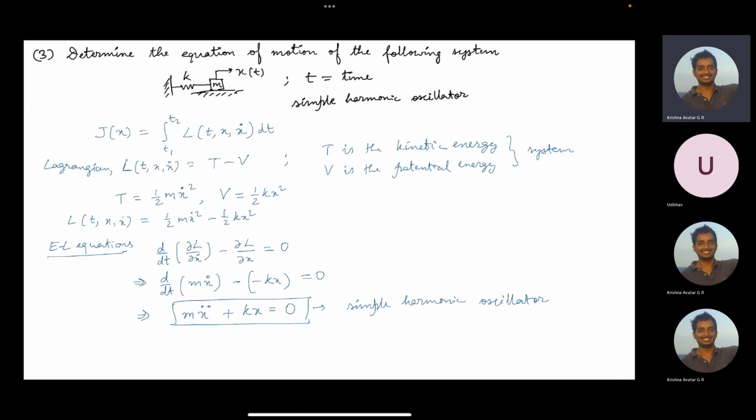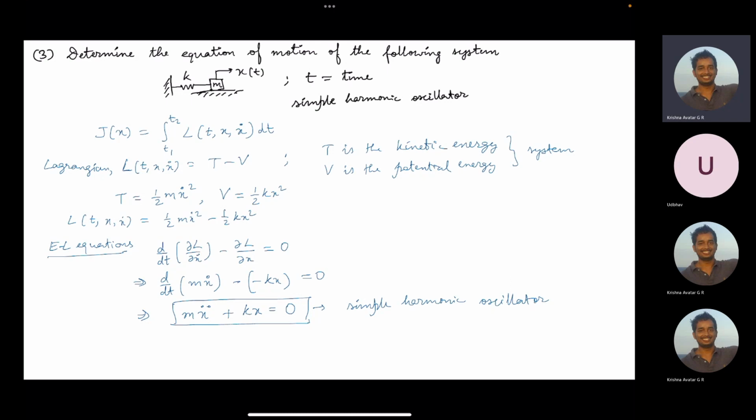Now let me solve one problem in structural dynamics. This is a problem of a mass attached to a spring.